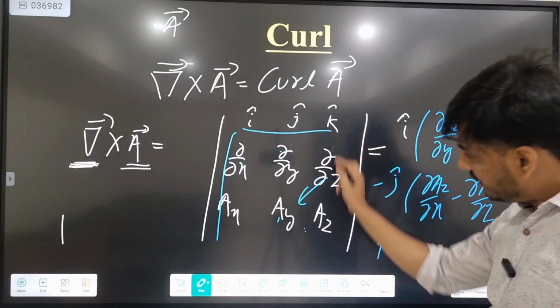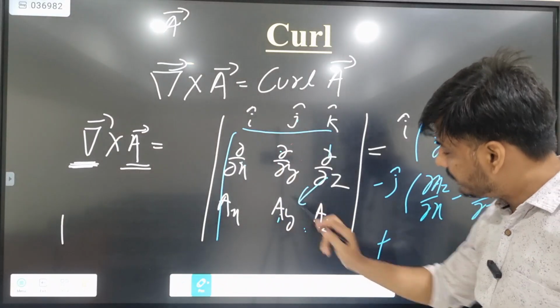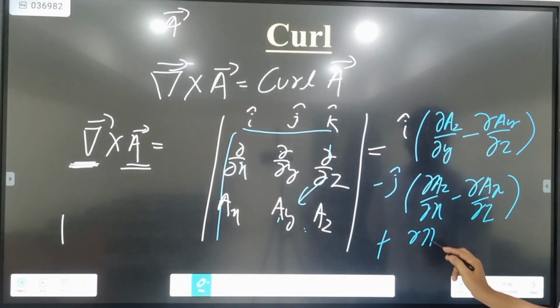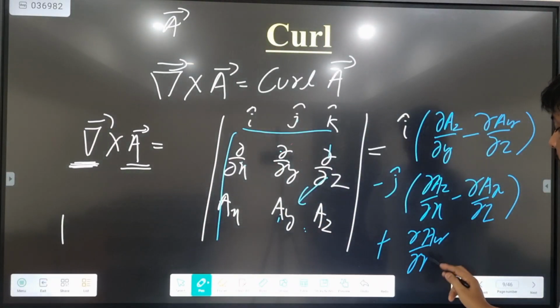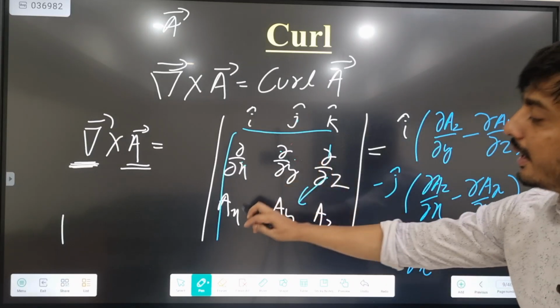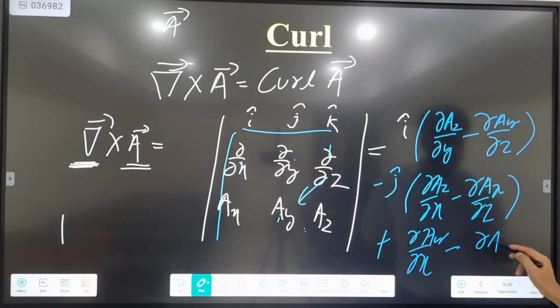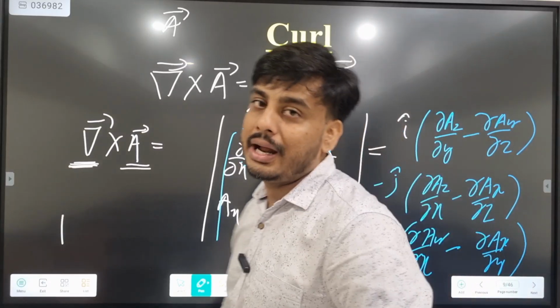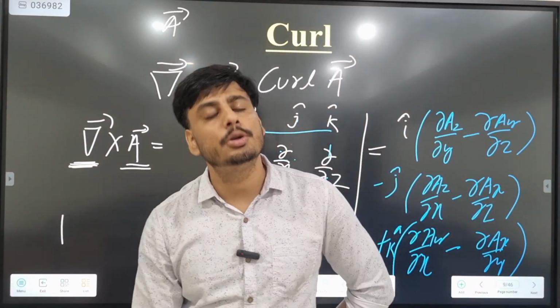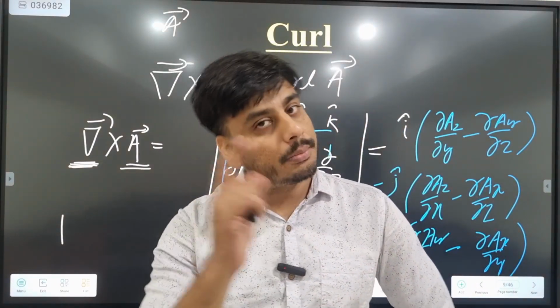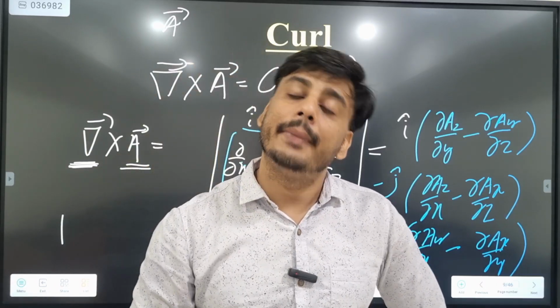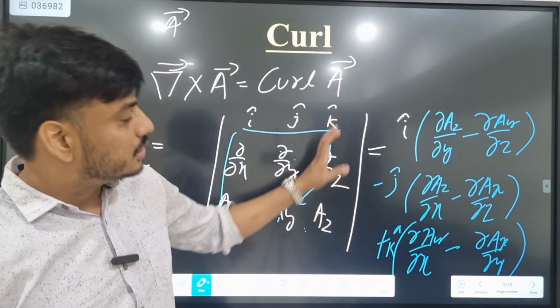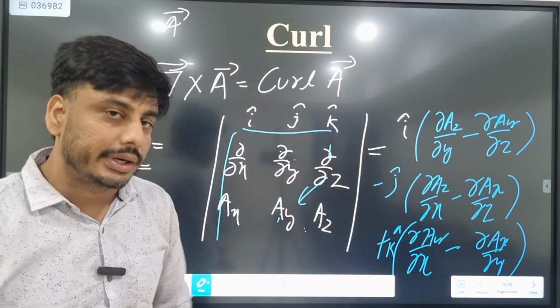Plus k cap, where we remove this one: del Ay by del x minus del Ax by del y. So we get i cap, j cap, k cap components, and we already know that the cross product of any two vectors is also called the vector product because its result is a vector quantity. So whatever result you get here will be a vector quantity.